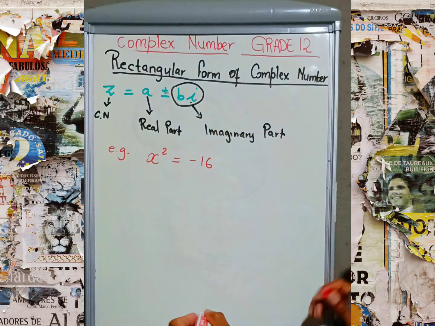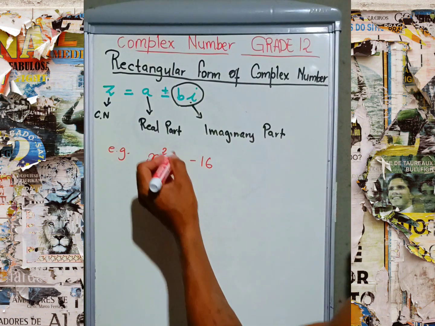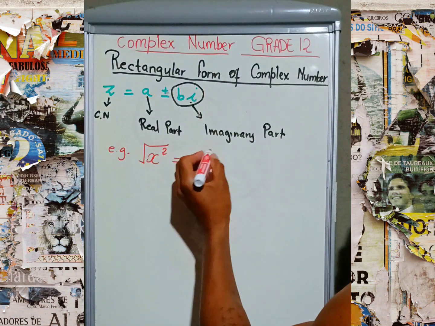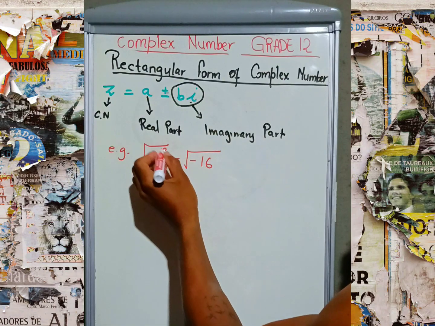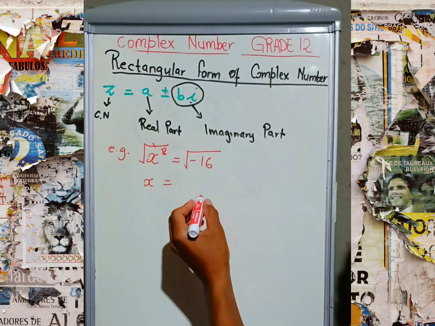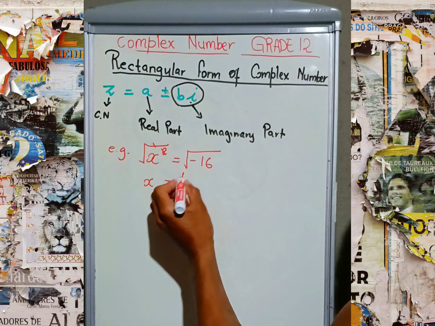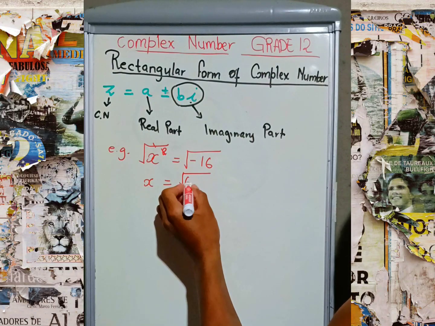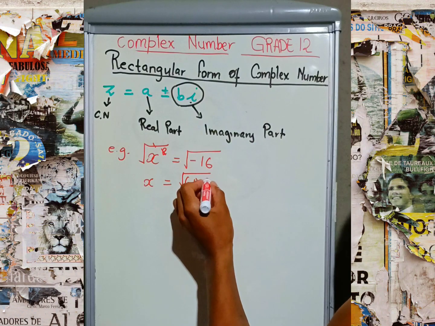We know this has no solution in mathematics, but in grade 12 we normally say that there is a solution here. How are we going to solve this one? We put a square root on both sides, then the square root cancels the square, and we are left with x equals the square root of negative 1 times 16.